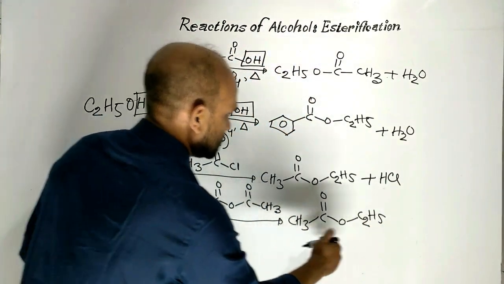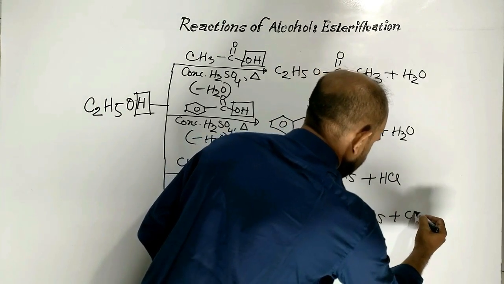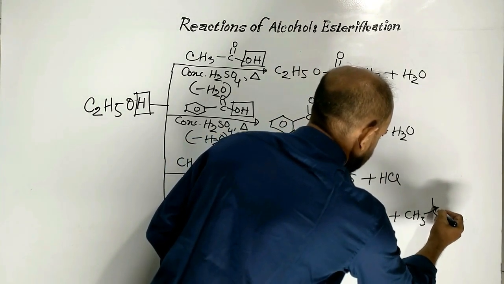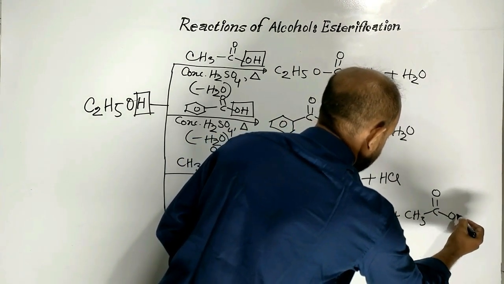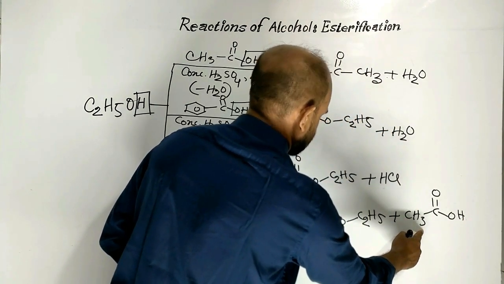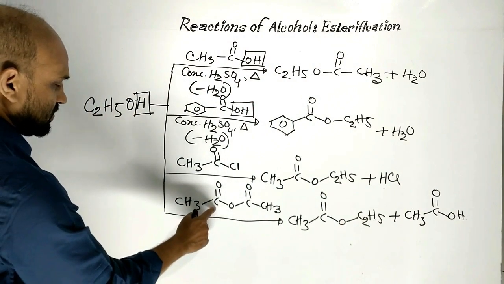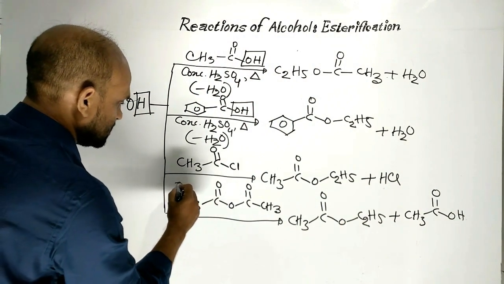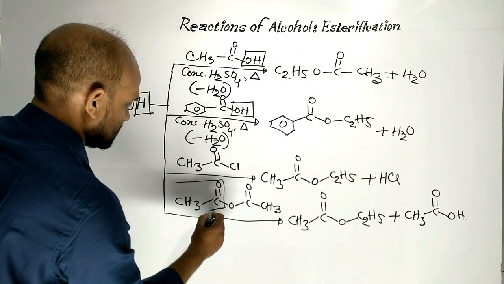Ethyl ethanoate, and here acetic acid is formed as byproduct. This is ethanoic anhydride.